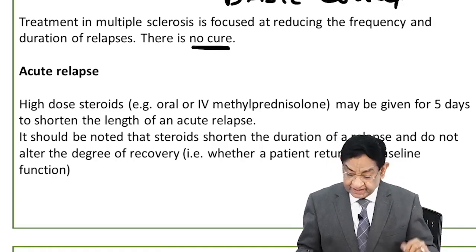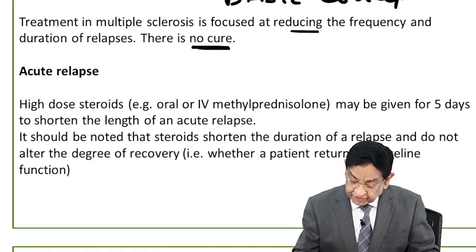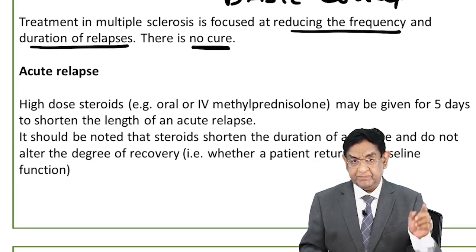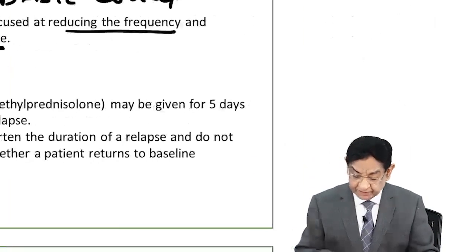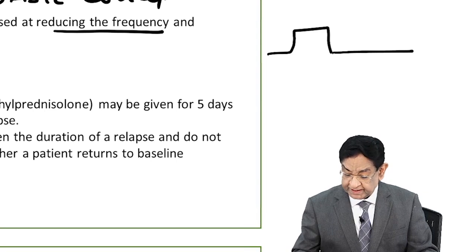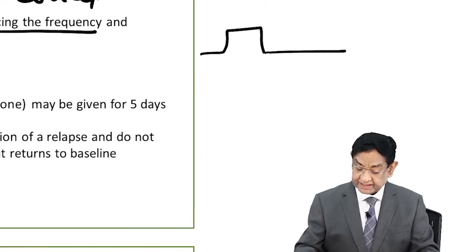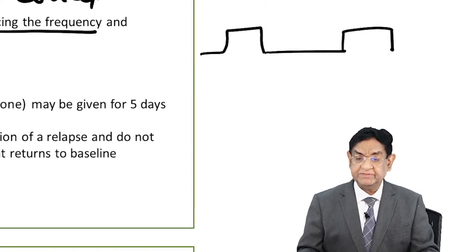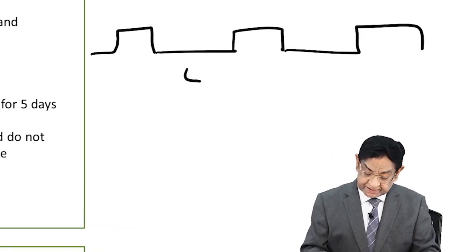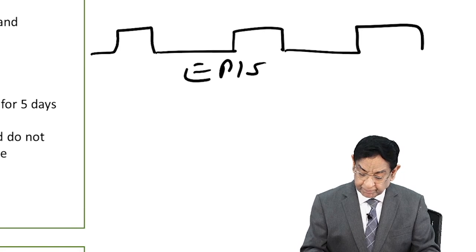But what is our aim? Reducing the frequency and duration of relapse. Let me explain what this means. The disease occurs for some time, the patient may become normal, then again comes back with some other problem. That means the patient has an episodic problem.